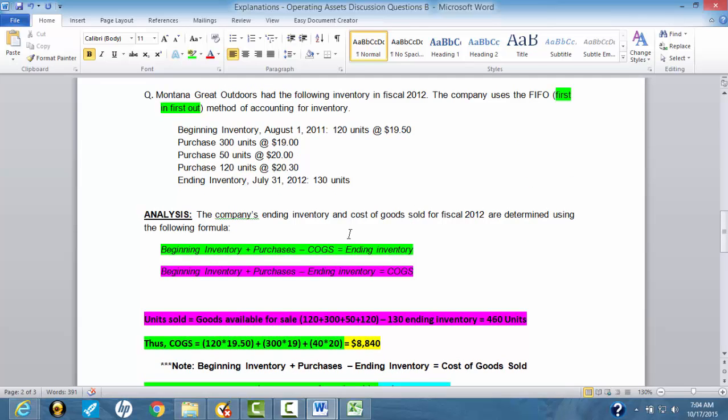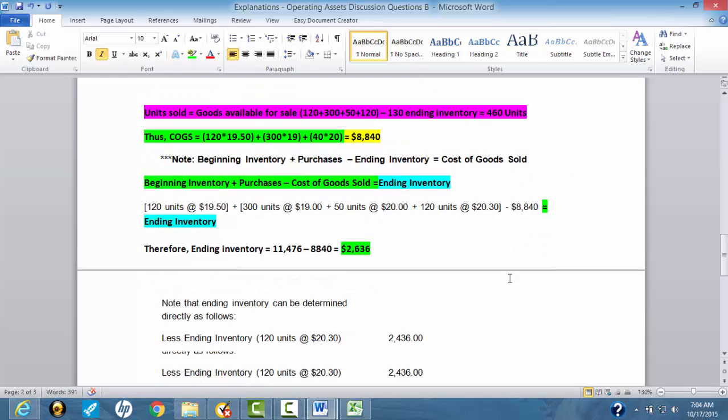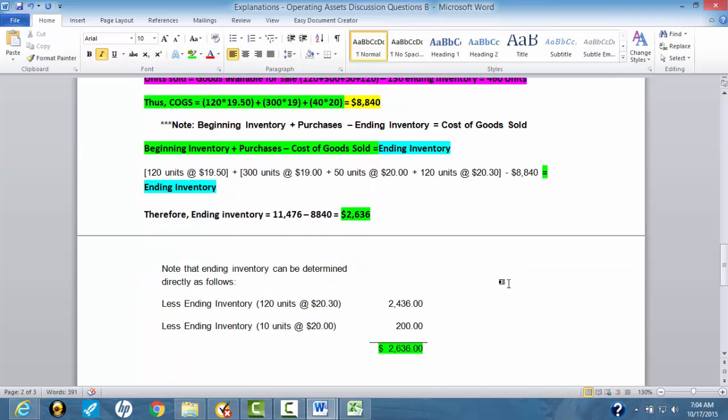If the first in is the first to be sold, then what remains in ending inventory will be the last. So we work our way from the bottom for the ending inventory. So we can calculate ending inventory directly as follows.